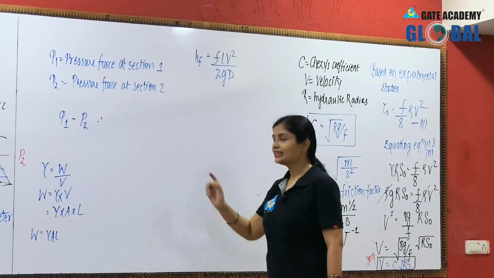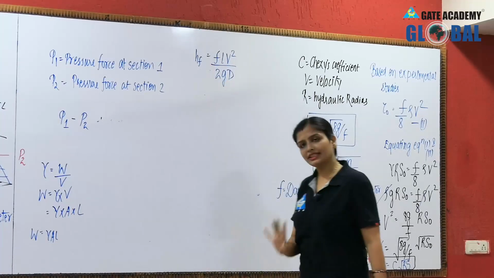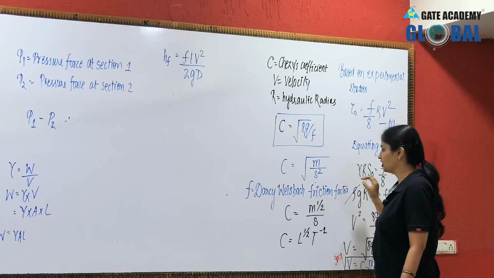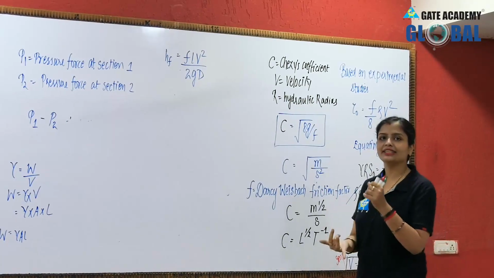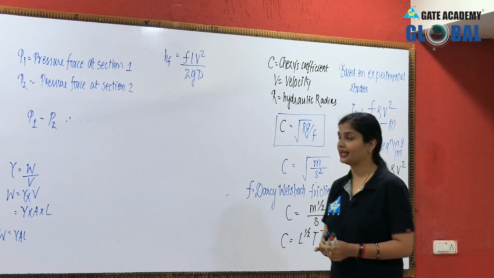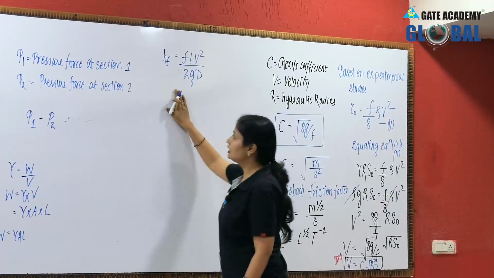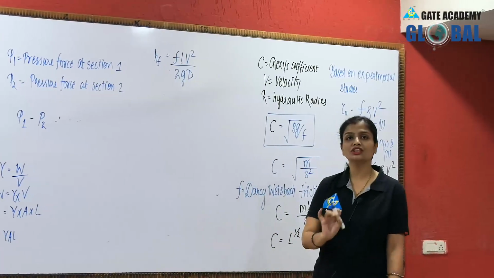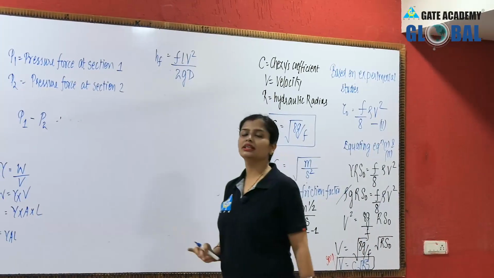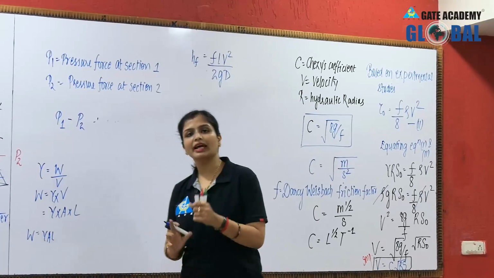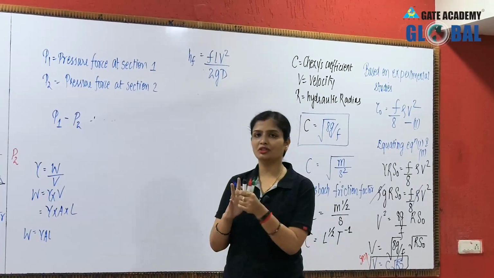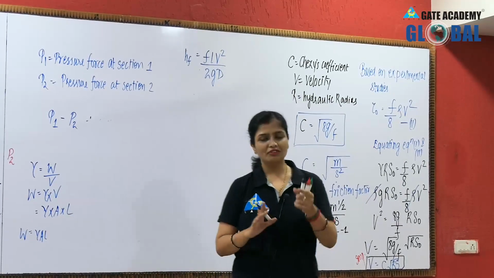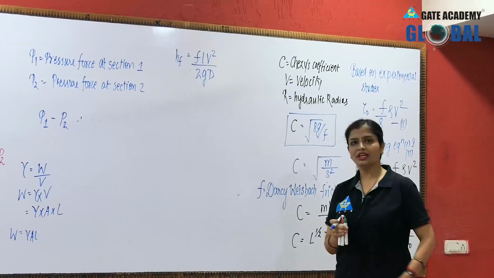Now, here this f is your what? This is exactly the same f which I have written, Darcy-Weisbach friction factor, or you have studied it as Darcy's friction factor, both are right. Now, how is this f related to your f dash, which is your friction coefficient? Sometimes in a question they'll give you friction factor and sometimes they give you friction coefficient. If you have solved problems in FM, you have encountered this.